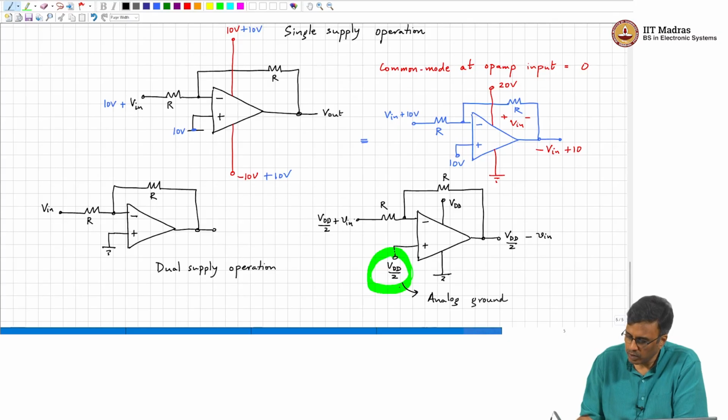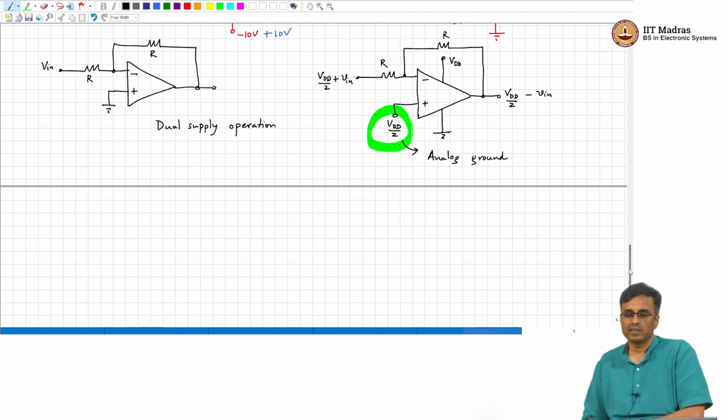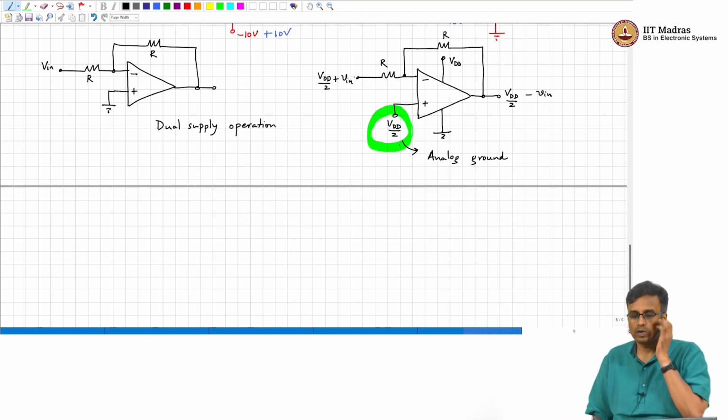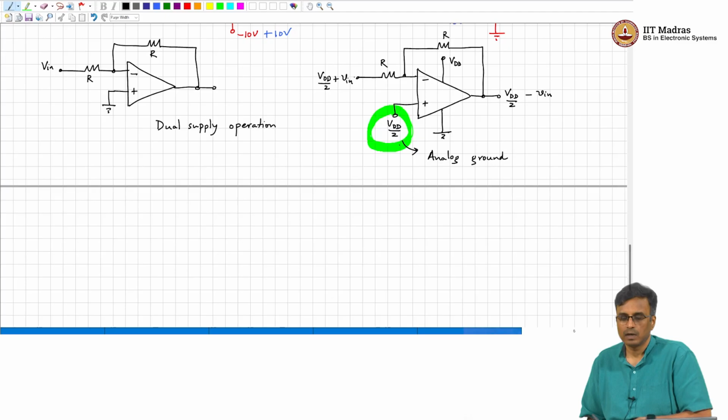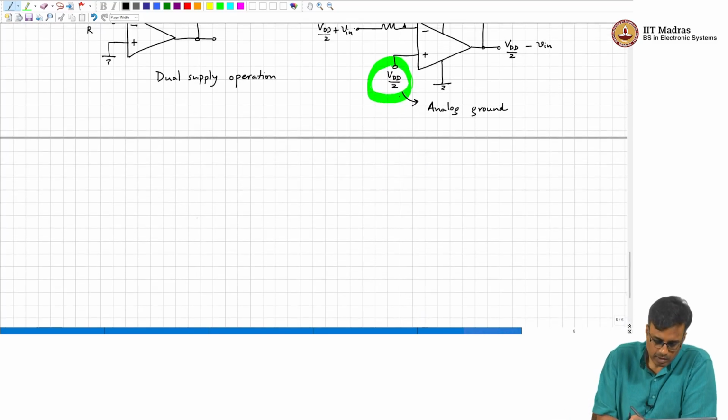All right. Now, in some situations this may pose a bit of a problem, in the sense that it so happens that often the input source, for example, Vi here, has one end of the source grounded.